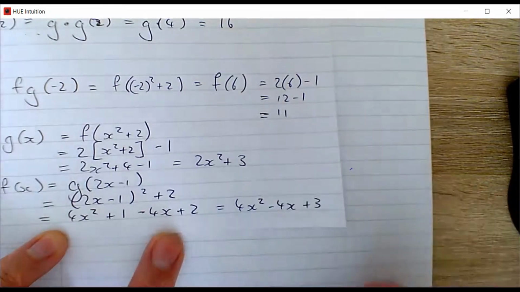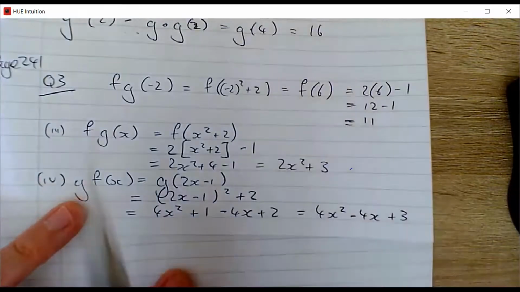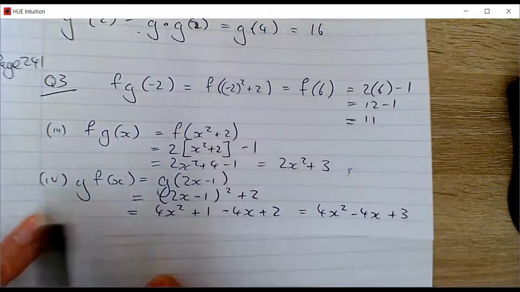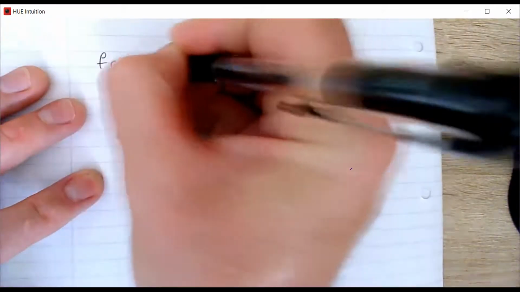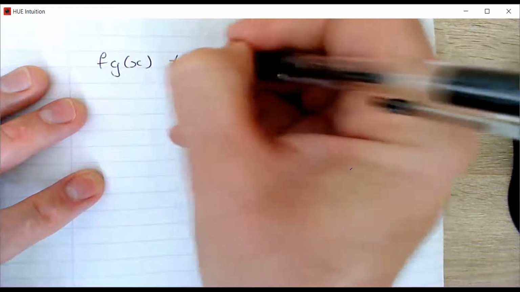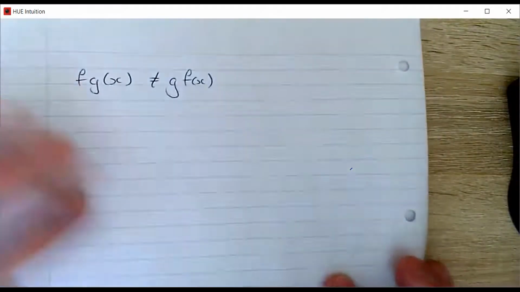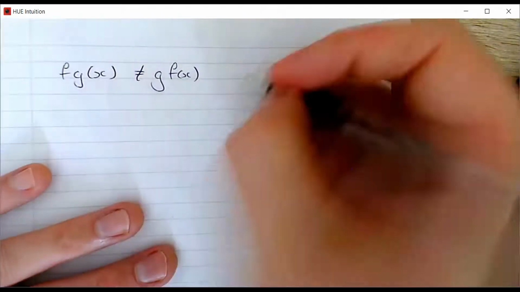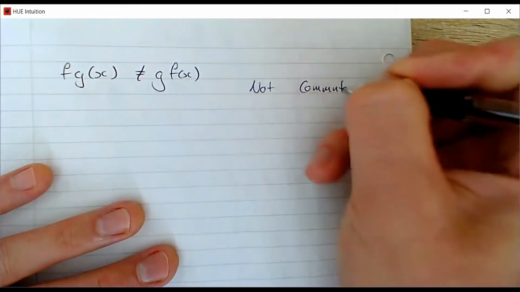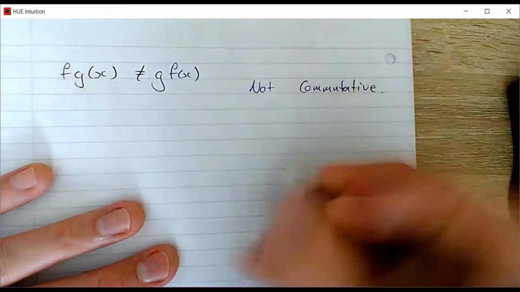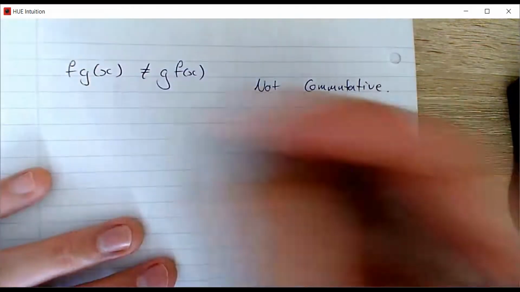plus 3. And I'll just point out that f of g of x is not the same thing as g of f of x. And that's true in general. f of g of x is not equal to g of f of x. So we say these compositions of functions are not commutative. Hopefully you've met that word before, but commutative means the order doesn't matter.